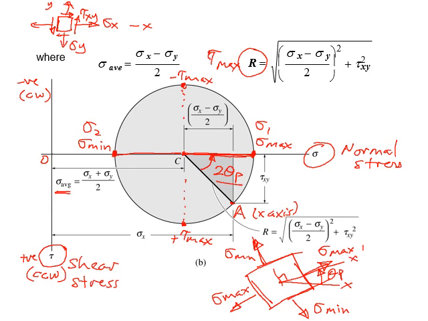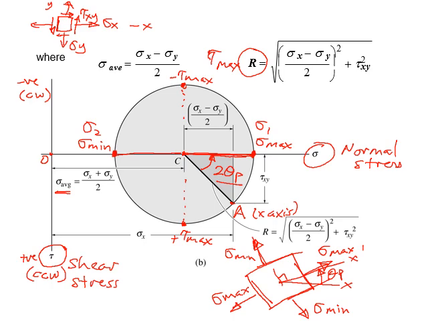And the axis of normal stress is 0 value for shear stress. So we know that on this axis, both x prime and y prime, where we have max and min normal stresses, we do not have shear stress, right? So that is how we read the Mohr circle.